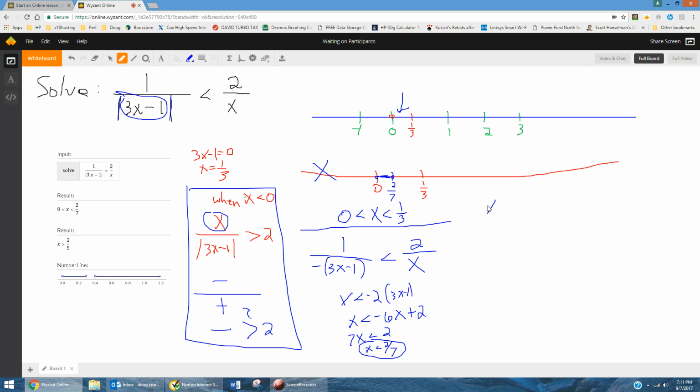So when x is greater than 1/3, how can I solve this inequality? It's like 3 separate problems. Well, when x is greater than 1/3, like a 2, the expression inside the absolute value symbol will be a positive number, so I can just drop the absolute value symbols.